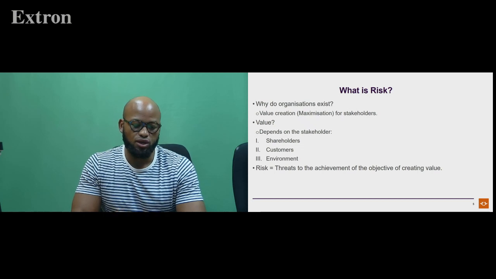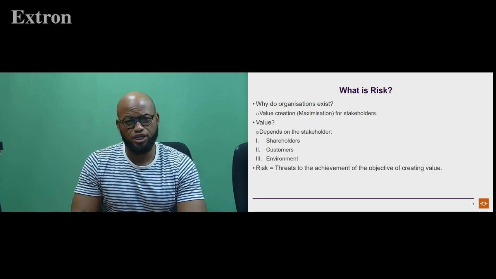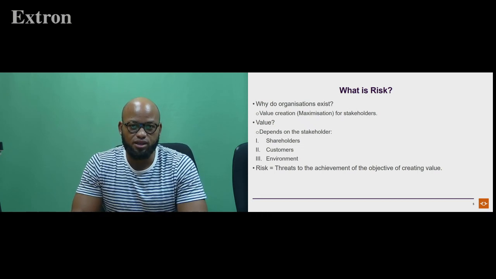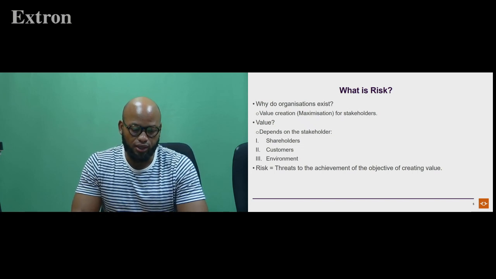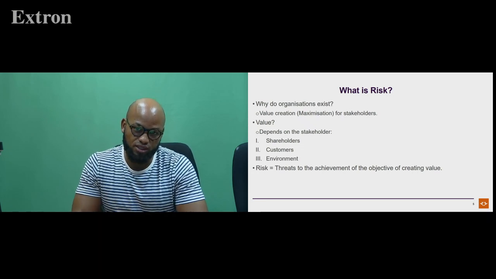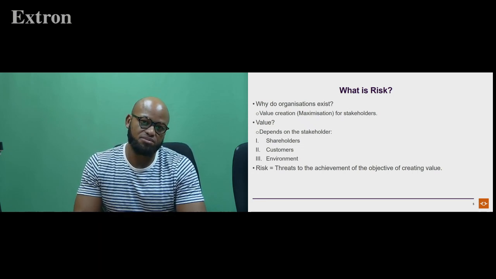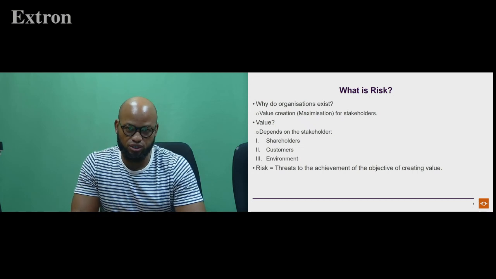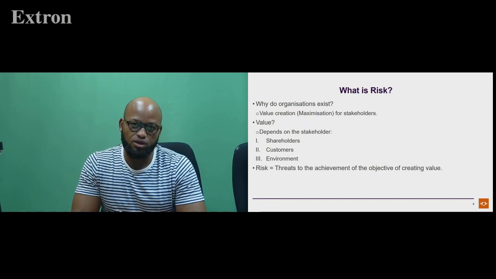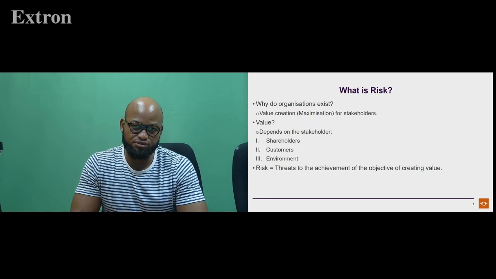So the shareholders' interest in a business will be to generate a return. And so if we're speaking about value creation in relation to the shareholder, then we're talking about the maximization of the return which the shareholder is going to receive at the end of the day.